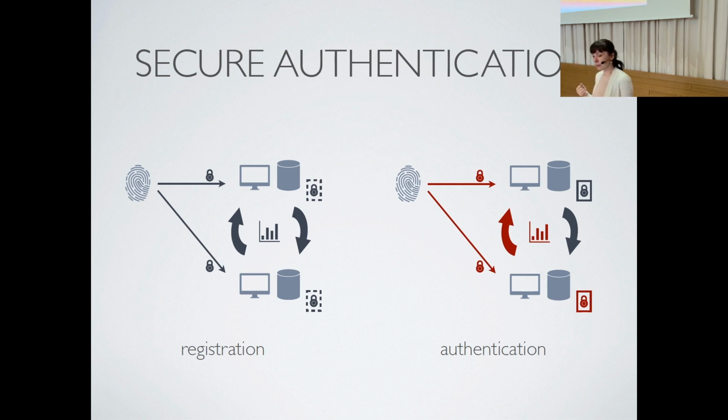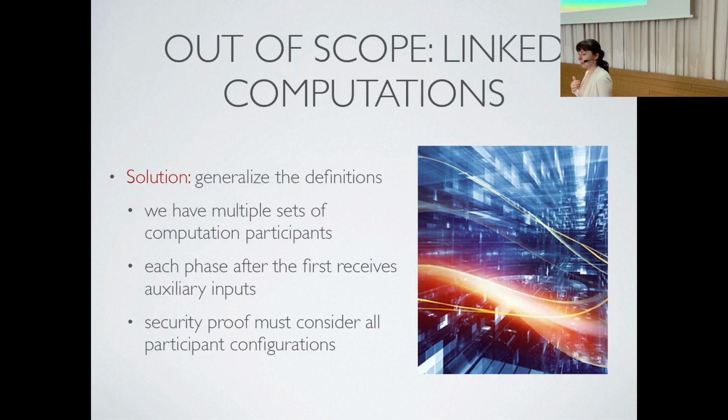And so, what we did in our case is that we look at definitions and we generalize them. Instead of just saying this is a computation that is going to be done once, there could be multiple phases to the computation. The first one is going to be normal, the way we would always do this. But if the later phases are run by different participants, we need to explicitly say phase one has participants P1 through Pn, and phase two may have different participants in the computation.